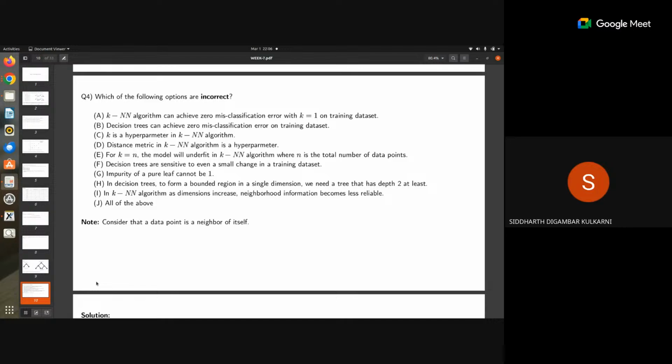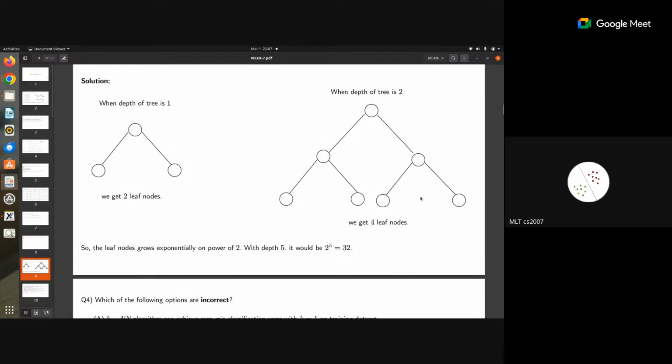Form a bounded region in a single dimension. We need it in a single dimension. Depth of 2. Depth is the number of branches, the depth of the tree. If the depth of the tree is 2, how will it look?